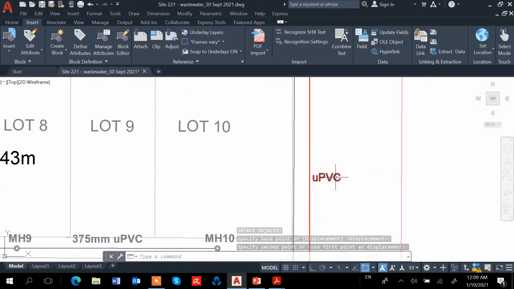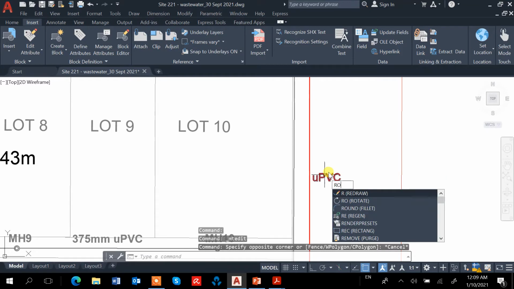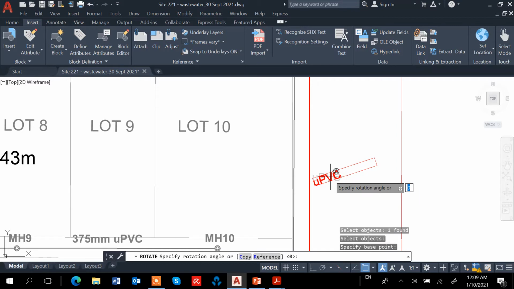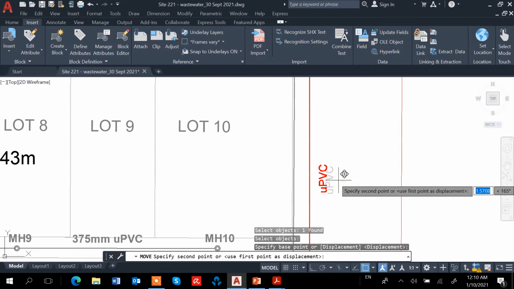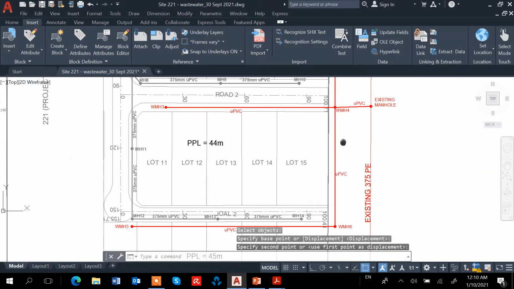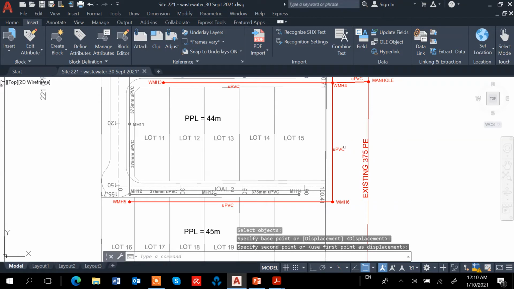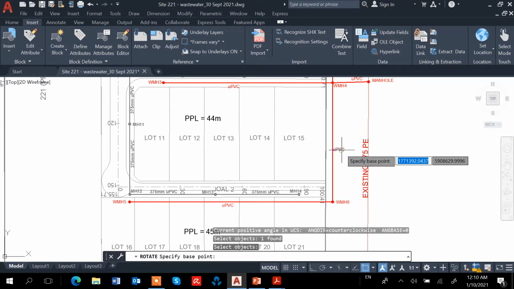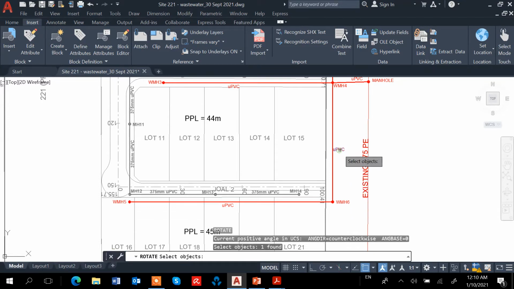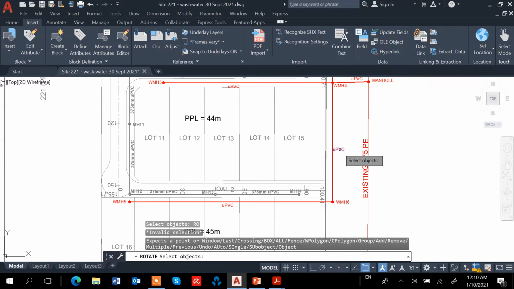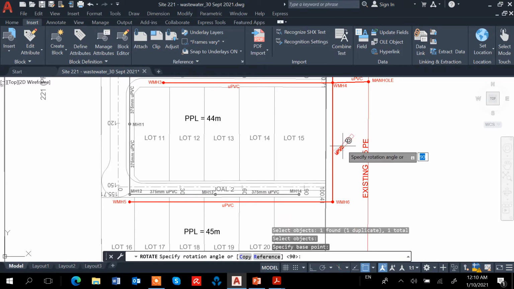I'm going to rotate this one. Oops, I just rotate. I could rotate 90 degrees. Same thing I'm going to do for the bottom here. Rotate it. Oops, let me try again. Rotate. 90.